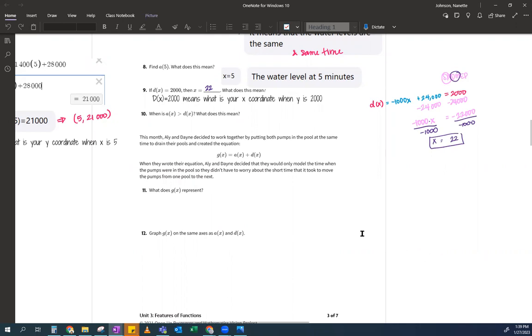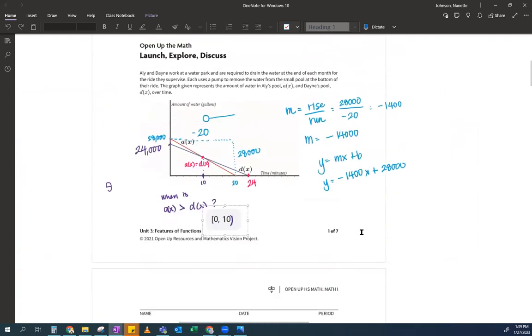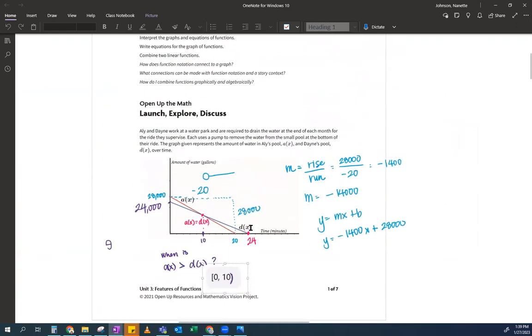Now think about this. If you have both pumps working together, number one, how many gallons are both of those pumps working on right now together?